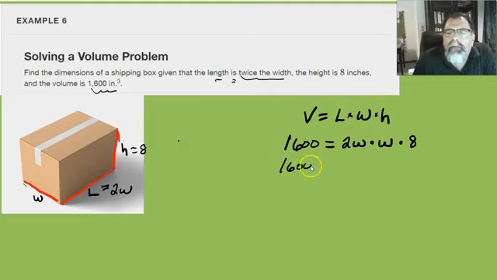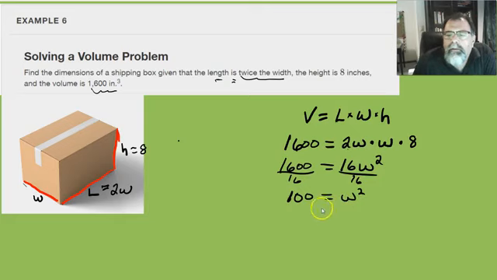So we simplify that. 2 times 8 is 16, W squared. We're going to divide by 16, so it's 100. And then W squared is 100. So we square root both sides. We haven't really talked about solving a quadratic equation yet, but this is pretty simple.